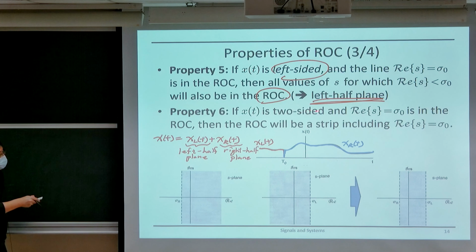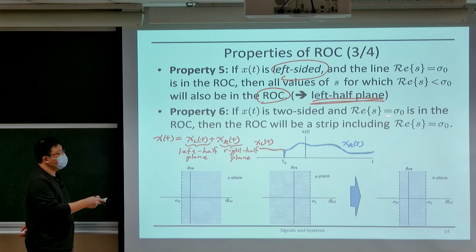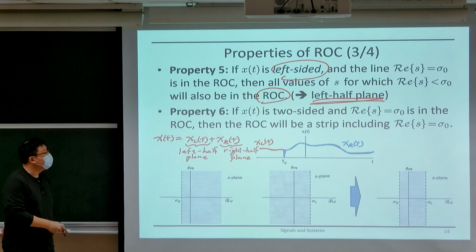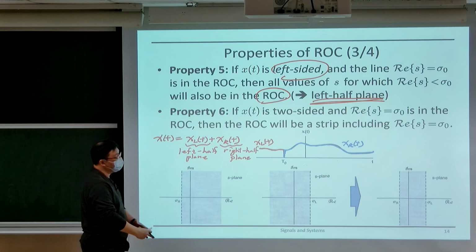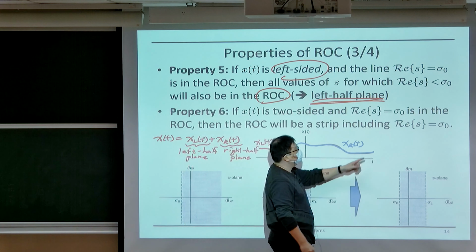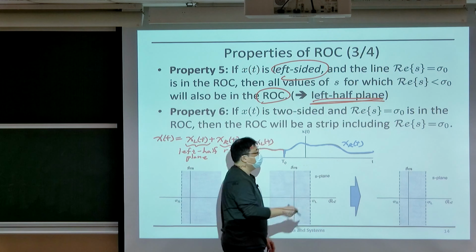So if x of t is two-sided, and you know that the region of convergence includes this line corresponding to the real part of s equal to sigma 0, then the region of convergence will be this strip including this line, okay?